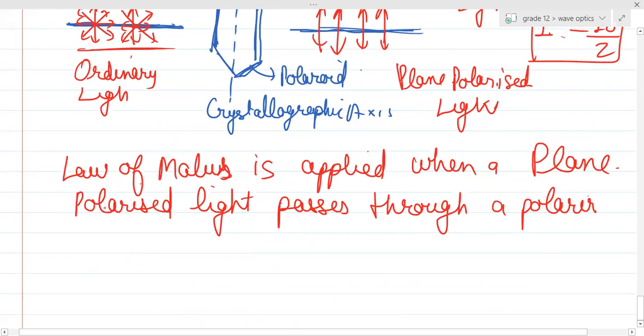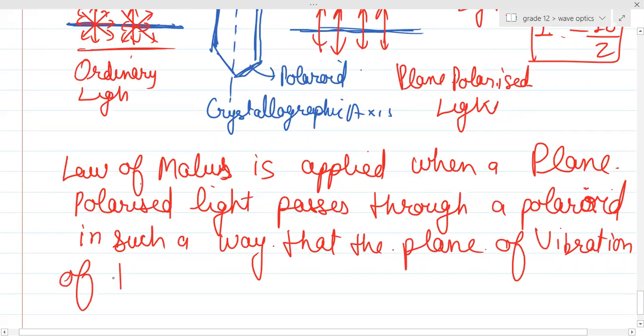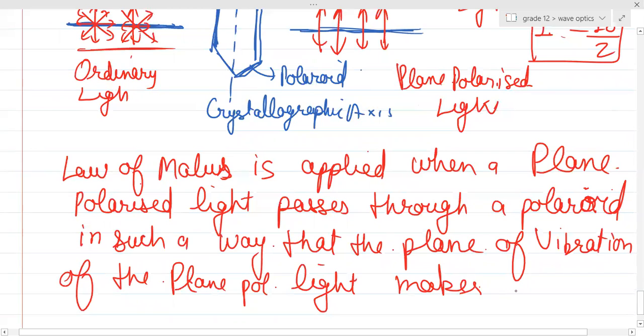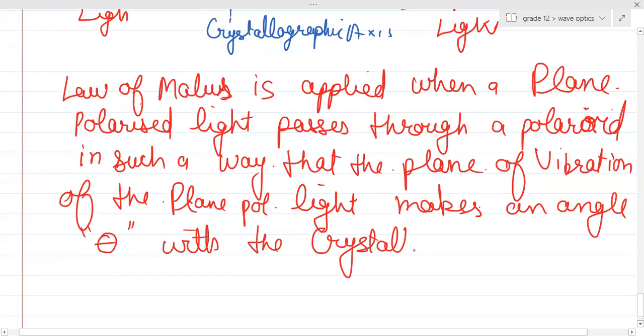So law of Malus is applied when a plane polarized light passes through a polaroid in such a way that the plane of vibration of the plane polarized light makes an angle theta with the crystallographic axis of a polaroid.